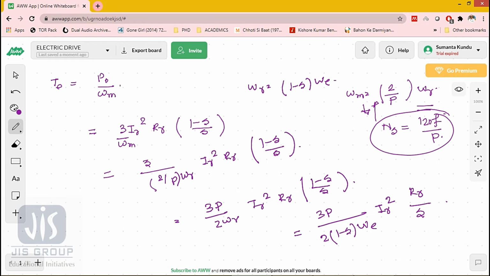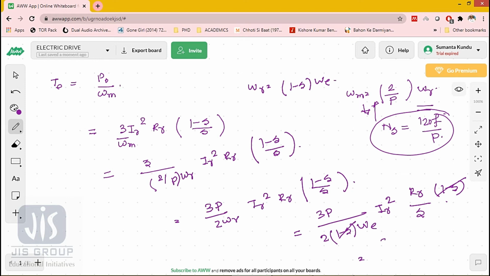Okay, so we can write this also. This one minus s will cancel each other, so it will become 3p by 2 IR square RR by s omega e.